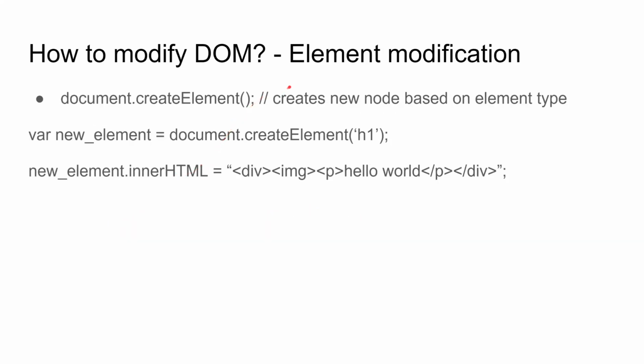And now when you want to modify or create an element, you do document.createElement right here, which creates a new node based on the element. And then how you use it, you create a constant or variable or whatever, it does not matter. And then you create a variable equals document.createElement. That means create nodes basically.